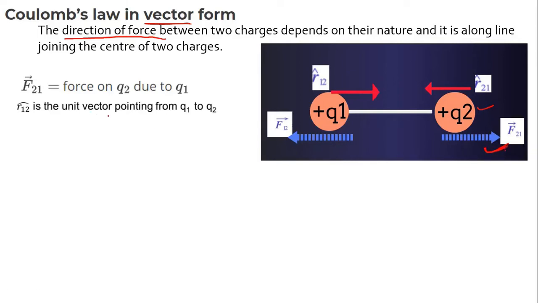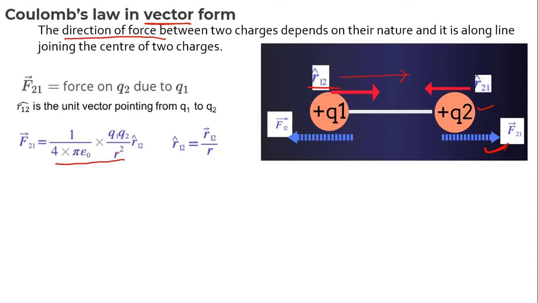And what is R12? R12 is the unit vector pointing from Q1 to Q2. If we start moving from Q1 towards Q2, we are moving in the direction of the R12 position vector. That means the direction of F21 and R12 are the same. So the formula for F21 is 1 upon 4 pi epsilon naught Q1 Q2 by R square. Mind it, this is the magnitude part only.